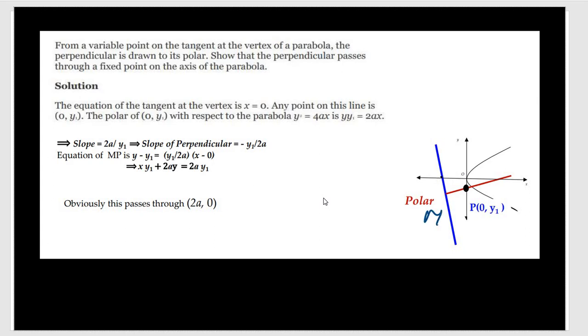So this point is your M. Okay, so when you consider PM the perpendicular, how do we find its slope? We know the slope of this line, right.